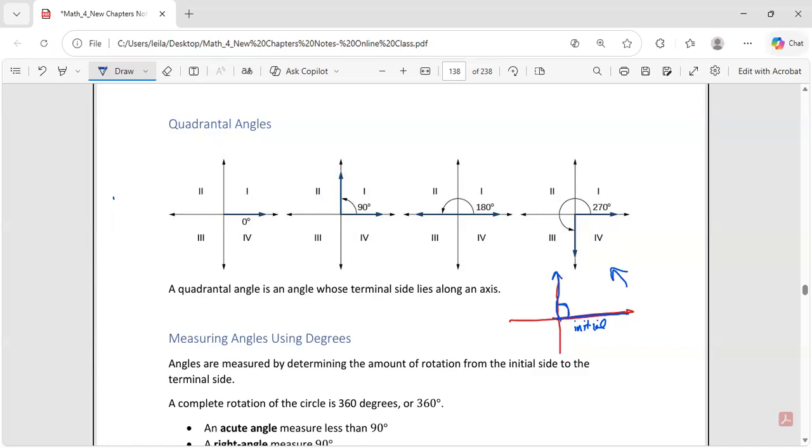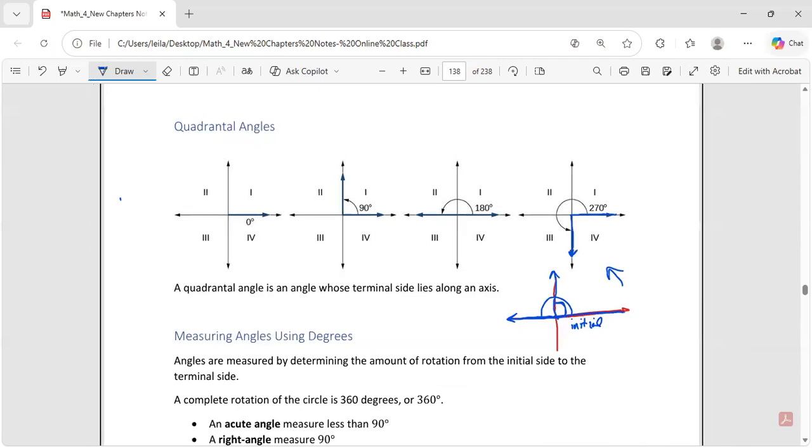If the terminal side is along the negative side of the x-axis, we will have a 180-degree angle. If the terminal side is along the negative side of the y-axis, we have a 270-degree angle.